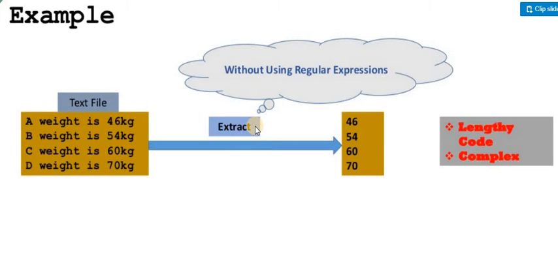Now if I want to extract the weight values, we have to check which persons have a weight value between this range and this range. For that we use regular expressions.